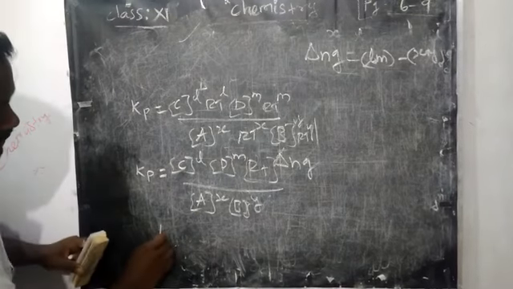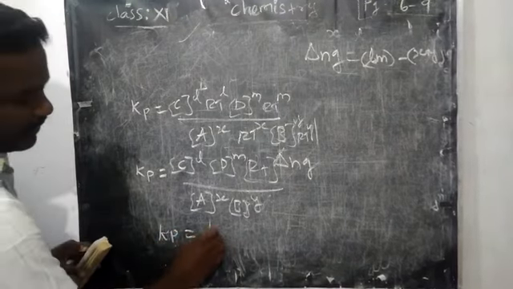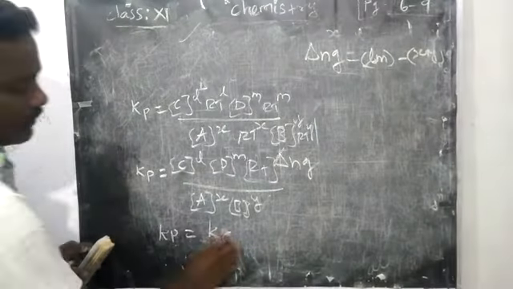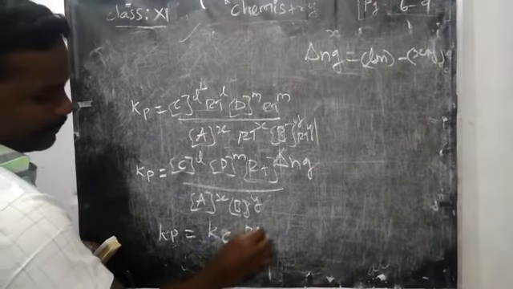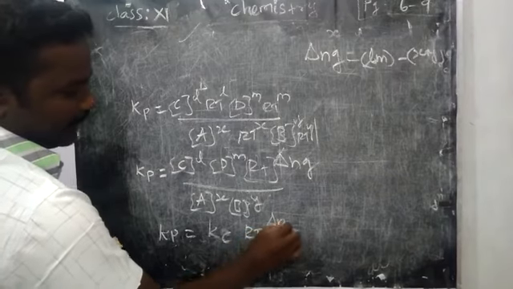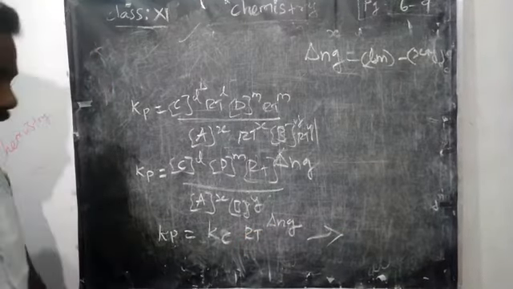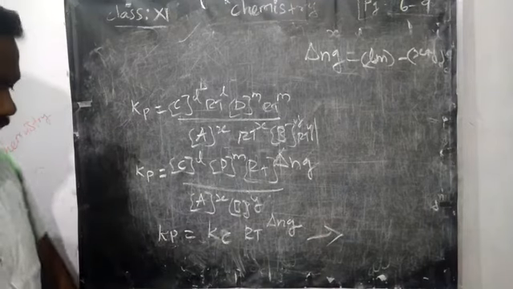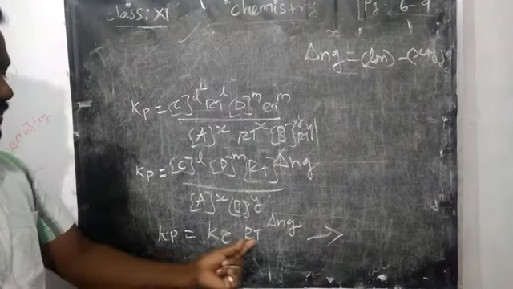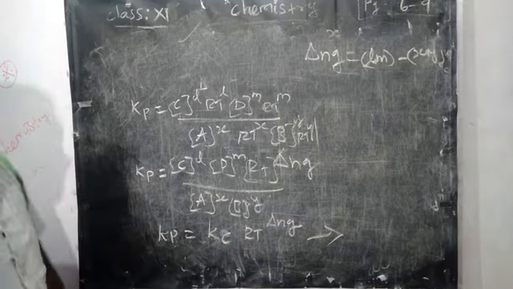So you can rewrite it: Kp is equal to Kc RT power delta ng. This is an important equation. This is called the Kp Kc relation.